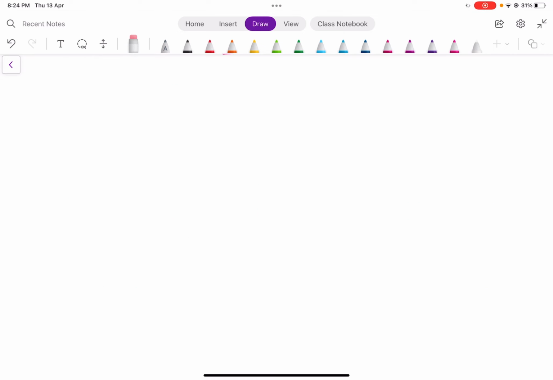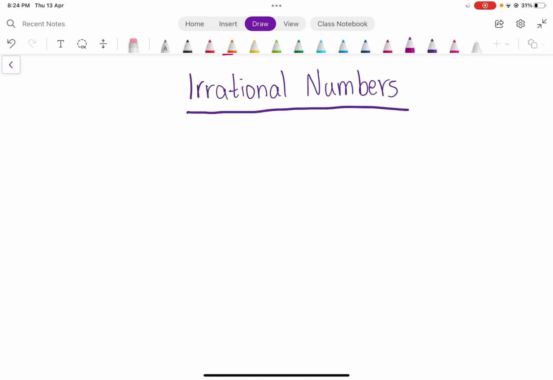Okay, so now we've talked about those numbers, let's talk about a different type of number, which are called irrational numbers. Irrational numbers are numbers that never end.